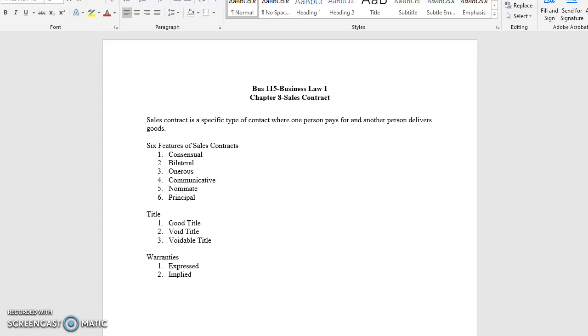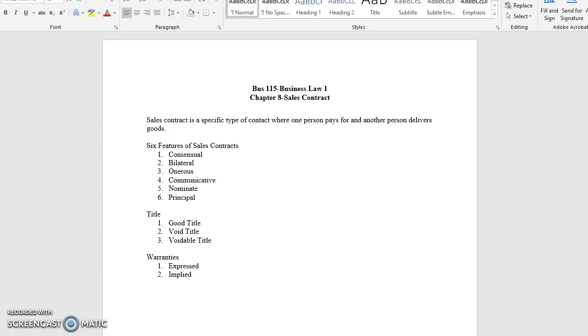The first one is a good title. So let's think about buying a car. A good title means that you have the title in hand. It is the only title to that car, and you have the ability to give that title to another person in exchange for a certain amount of money. A void title happens when the person does not legitimately own what they're trying to sell.